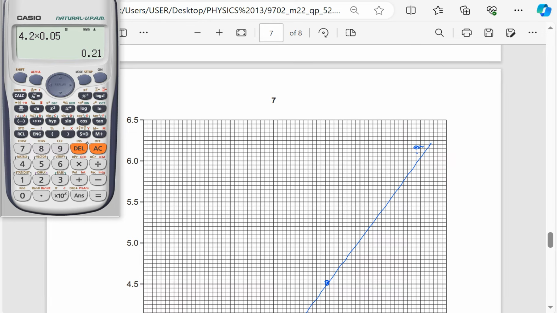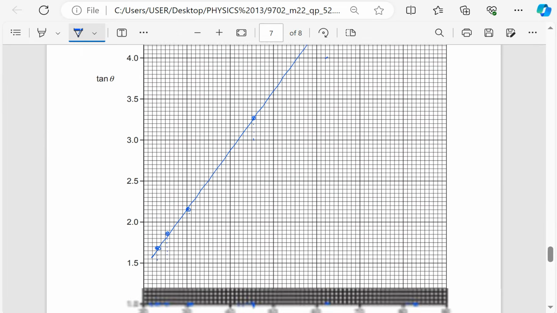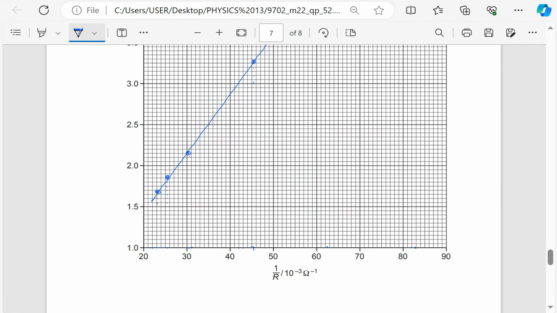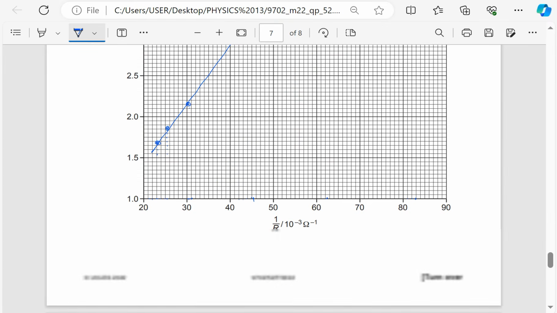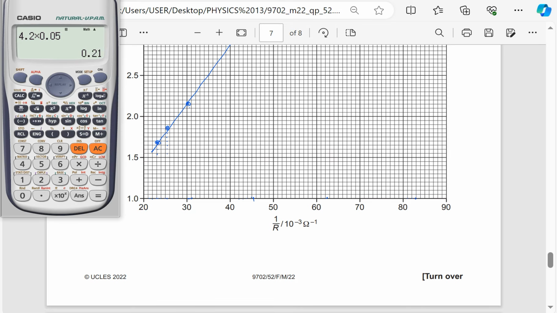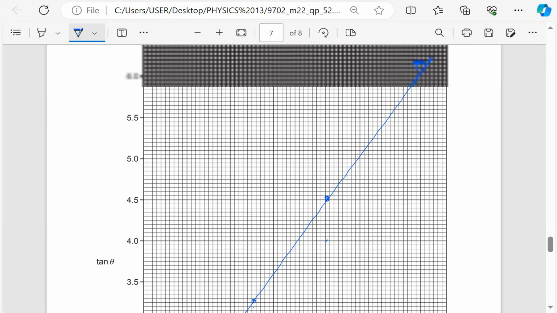What is this? Each small box is 0.05, and I want to draw. Oh, I was drawing on the wrong axis. They're supposed to be horizontal. And the scale on the horizontal is 10 divided by the scale on the horizontal, which is 1, so I want 4.2.